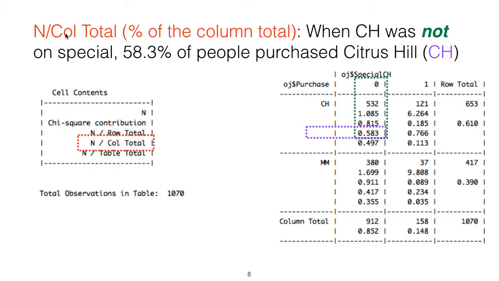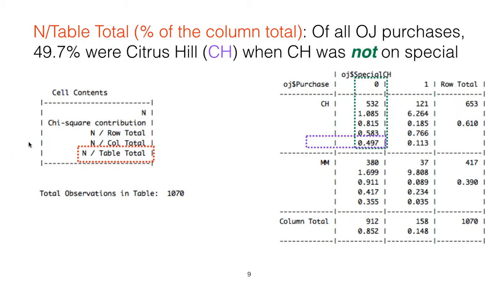Here, N divided by column total. Again, here we have the N, 532, divided by 912, which gives us 0.583. We interpret this as: when Citrus Hill was not on special, 58.3% of the people purchased Citrus Hill.